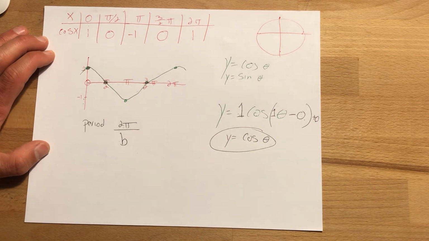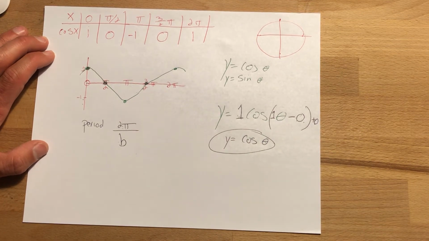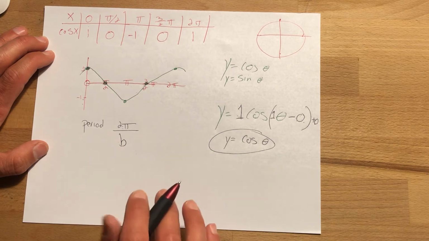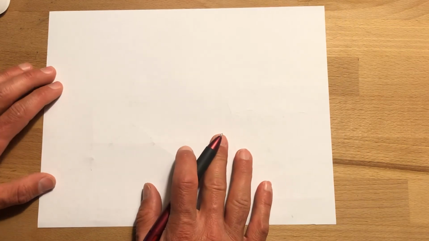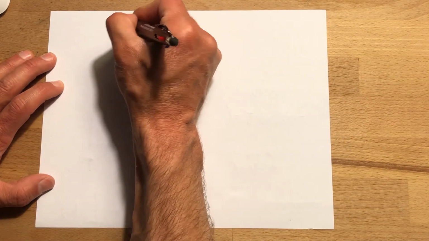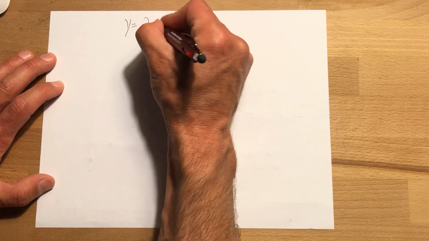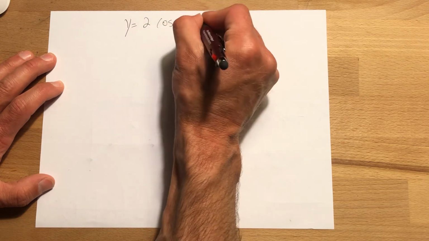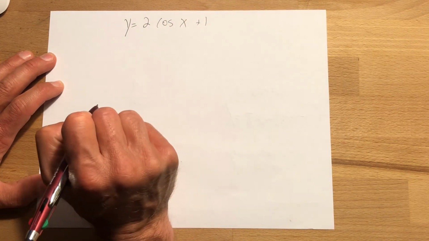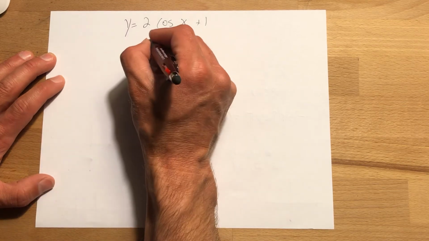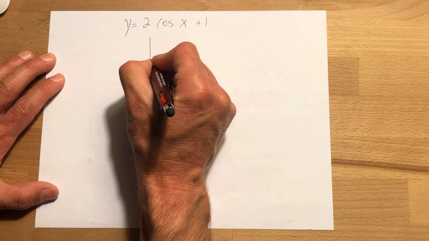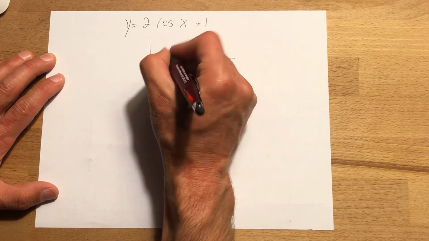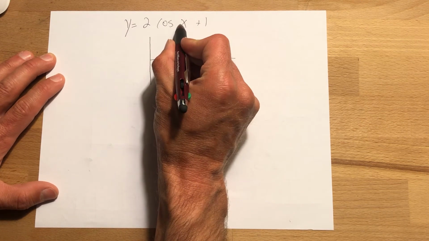The reason why that's important is, look at the next question. It's asking you to graph y equals 2 times cosine x plus 1, or theta plus 1. Now let me explain what this is. What I always do is draw one full cycle. The number in front of here is your b.